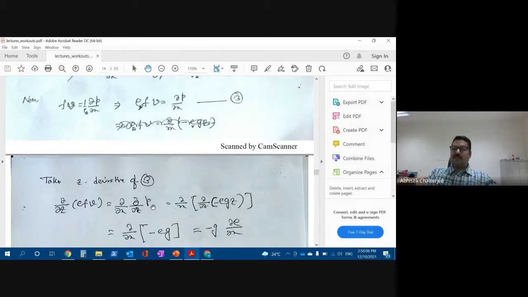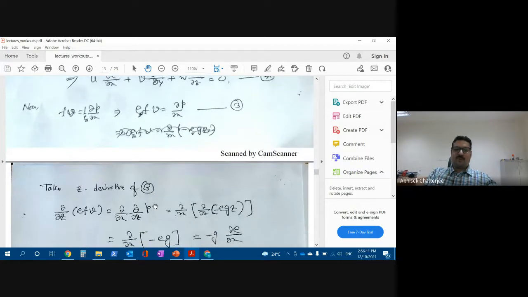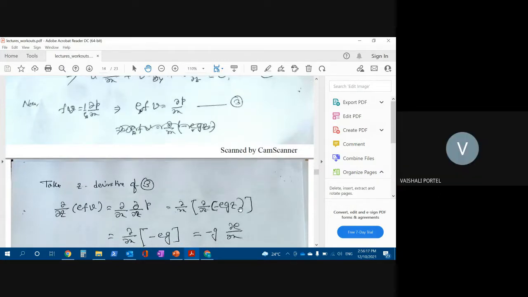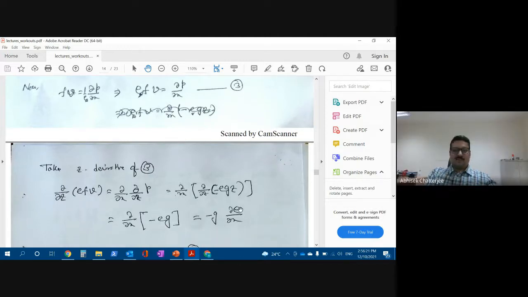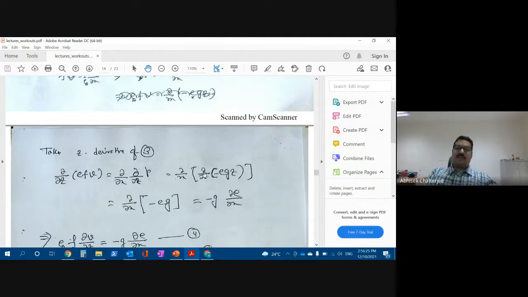What is del p del z? From the hydrostatic equation, we can write del p del z equals minus rho g. Any doubt? No, sir. So you can directly write del p by del z equals minus rho g.